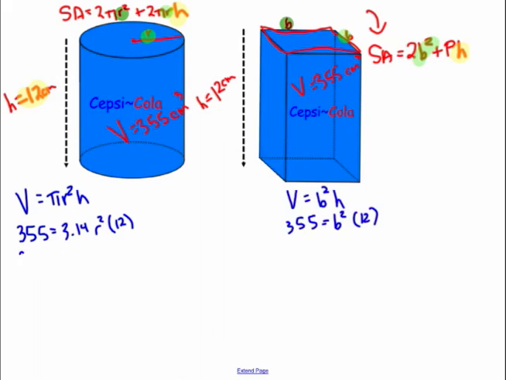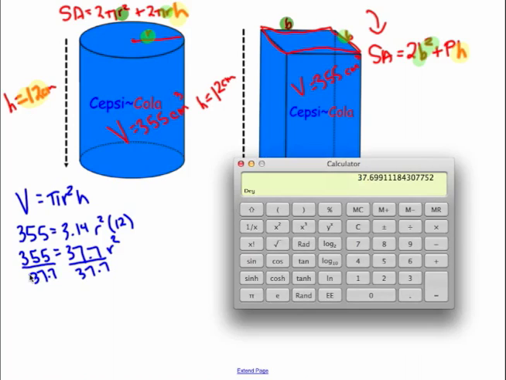We're going to round to 2 decimal places. So 37.7 r squared. Then we're going to divide both sides by 37.7. So 355 divided by 37.7.